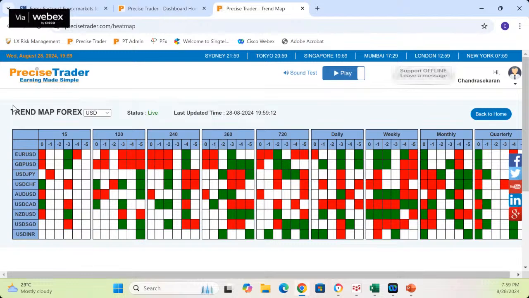So now we look at euro dollar. Right now, euro dollar is trading below the previous day low. It is trading below the previous 720 low, and below the previous 360 and 240. The 120 is flat, and the 15-minute is also showing weakness. So the clue we are getting here is that we should be selling the euro dollar on the 120 high, that means the 2-hour chart high.